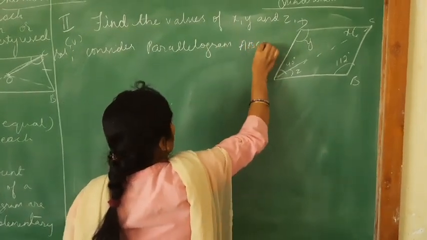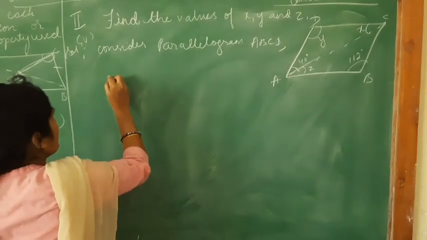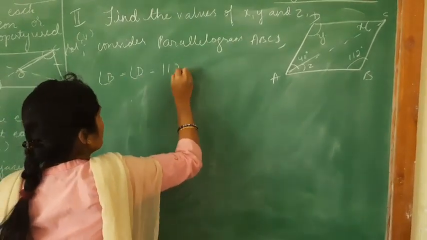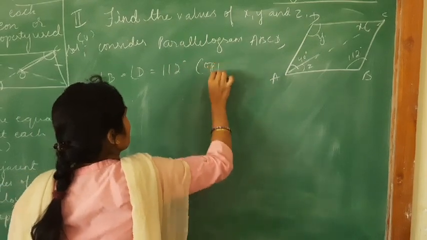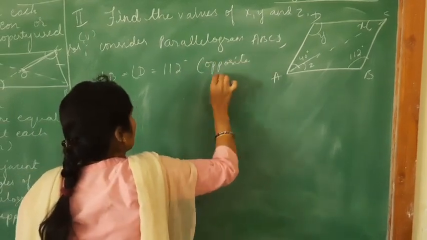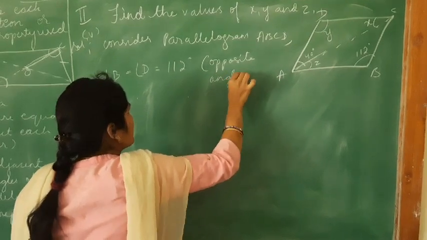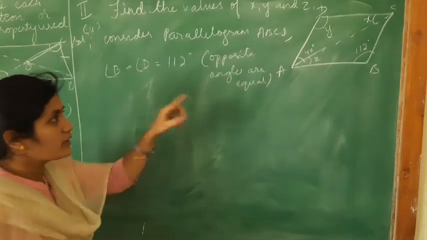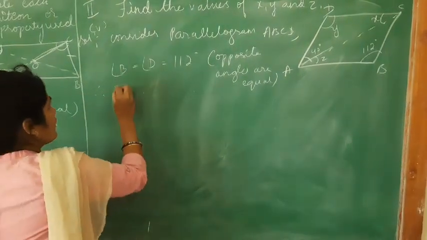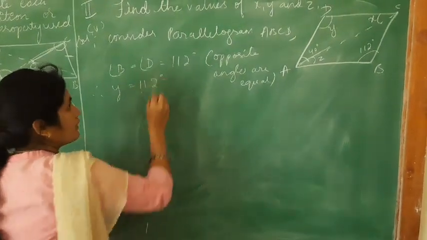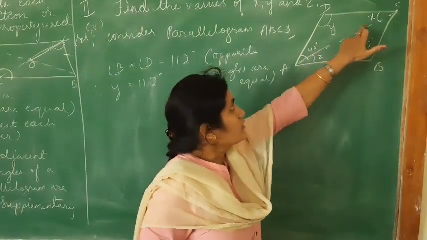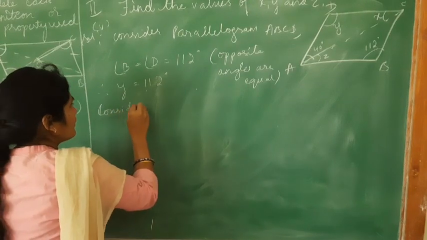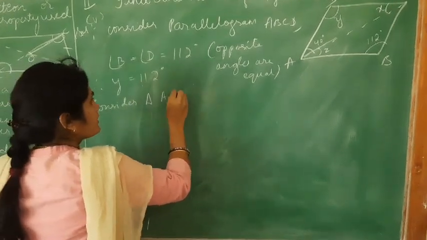ABCD. In this, angle B is equal to angle D is equal to 112 degrees, which are opposite angles. Opposite angles are equal. Using this property, we can say that angle B is equal to angle D. Therefore, Y is equal to 112 degrees. Now, consider triangle ACD.